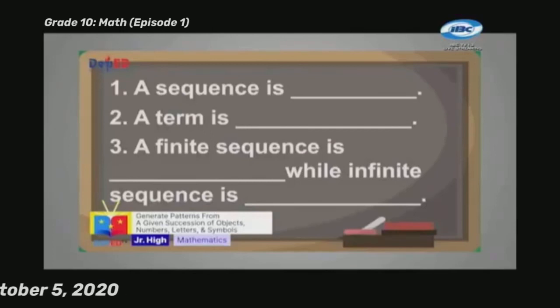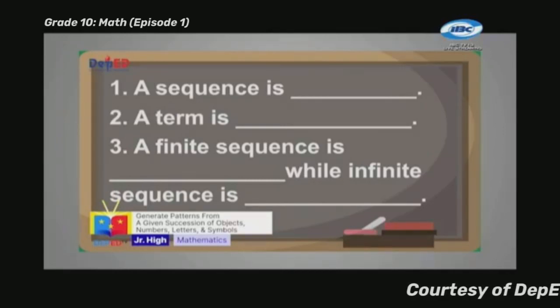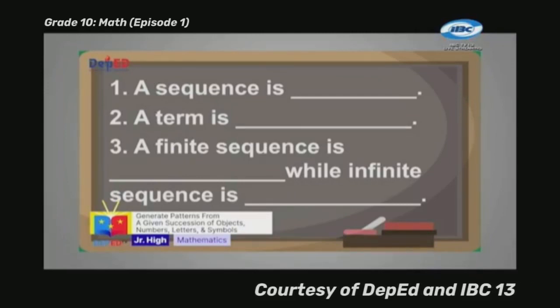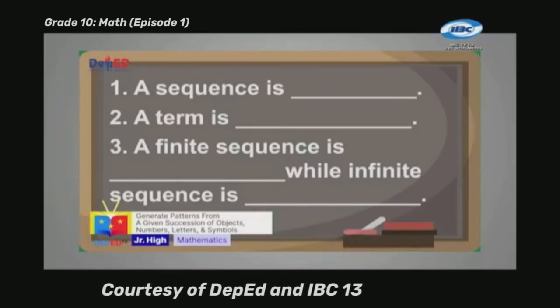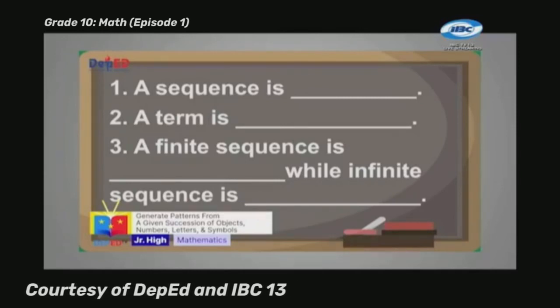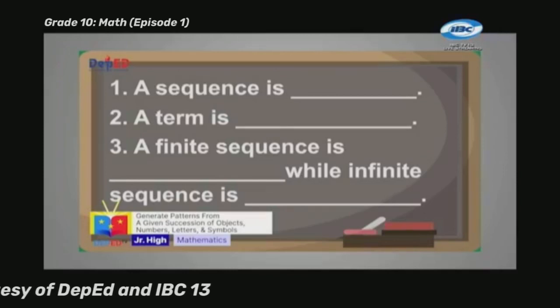Item number 1. A sequence is. Item number 2. A term is. Item number 3. A finite sequence is, while infinite sequence is.